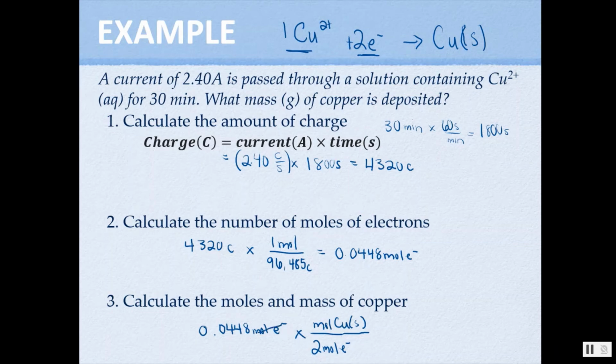So dividing by 2 will convert this from moles of electrons to moles of copper. And then I can multiply that by the molecular weight of copper, which is 63.55 grams per mole. And I arrive at my answer, which is 1.42 grams of copper.